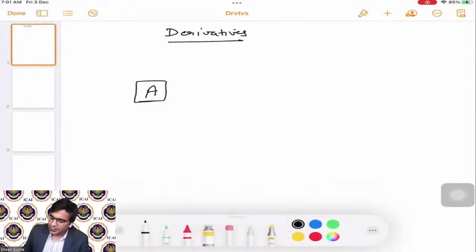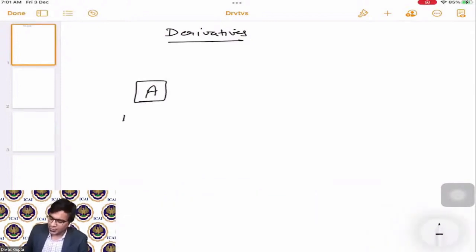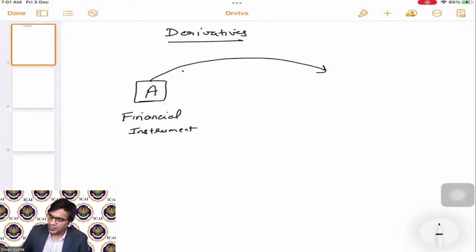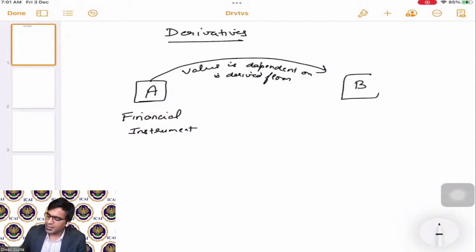For example, this A is a financial instrument whose value is dependent on, or derived from, B, which is a separate instrument called the underlying.